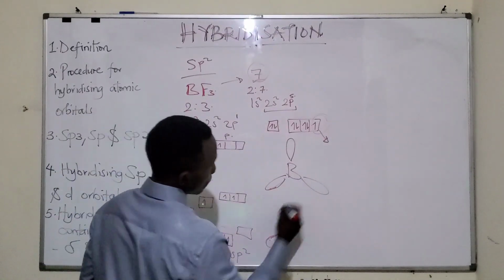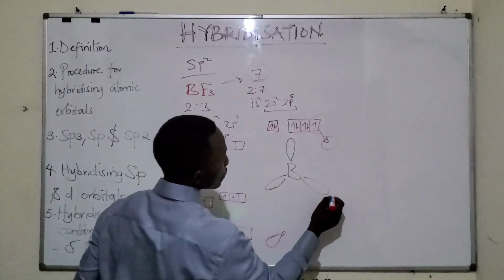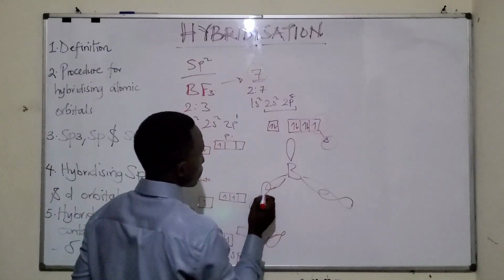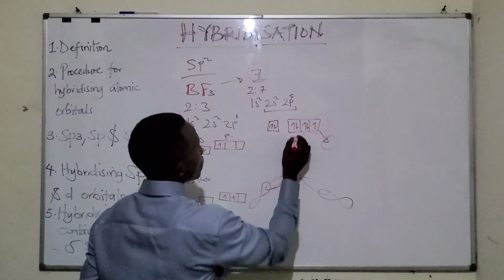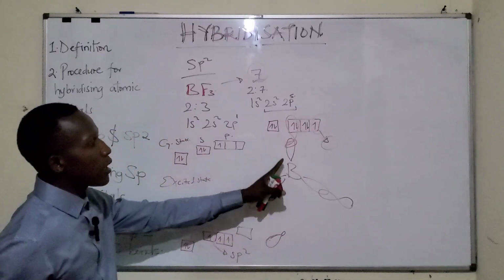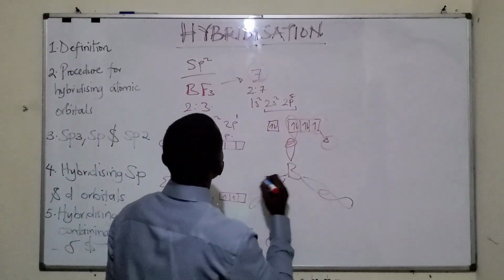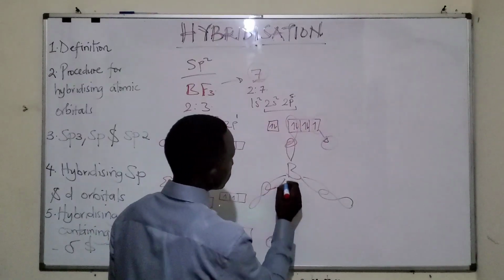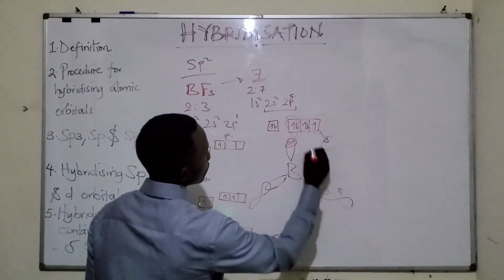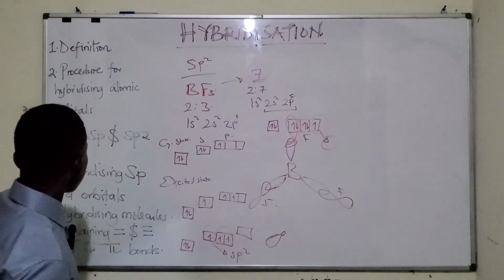So we shall have p electron, which is in this shape. This is the hybridization of boron trifluoride or boron fluoride. This is the fluorine and fluorine.